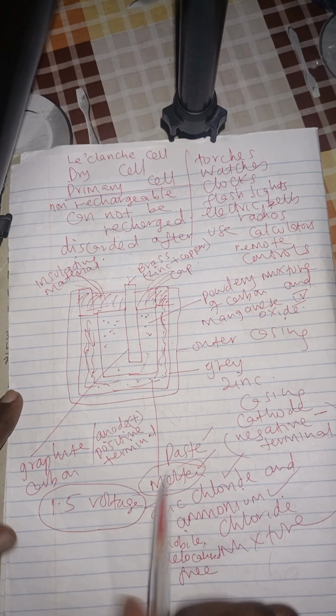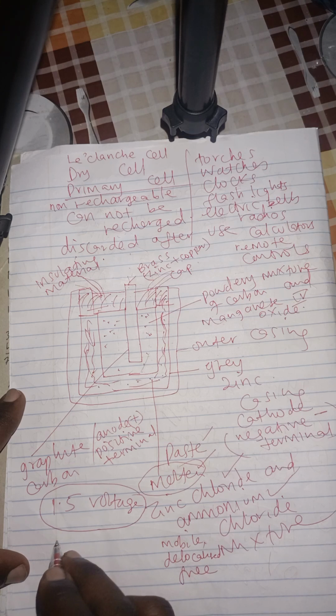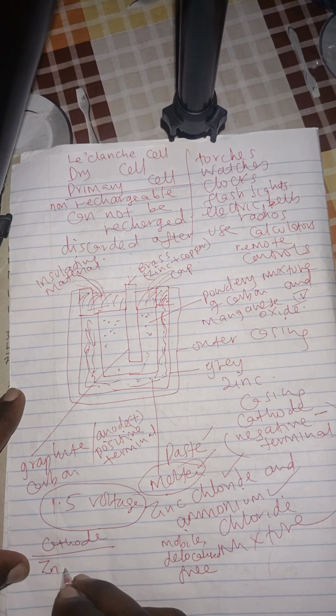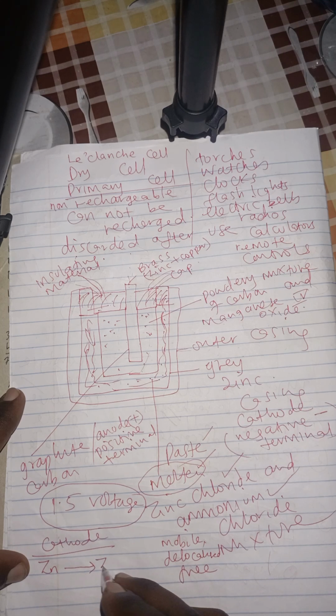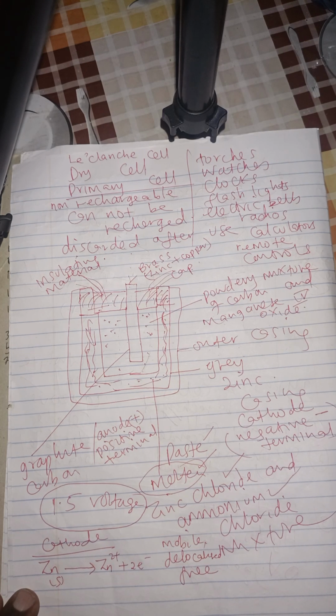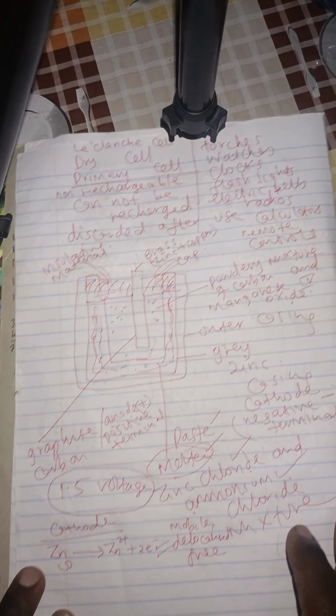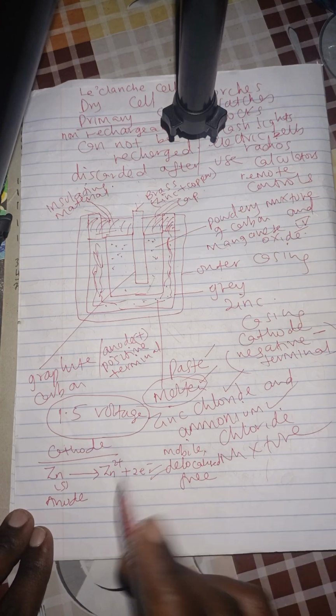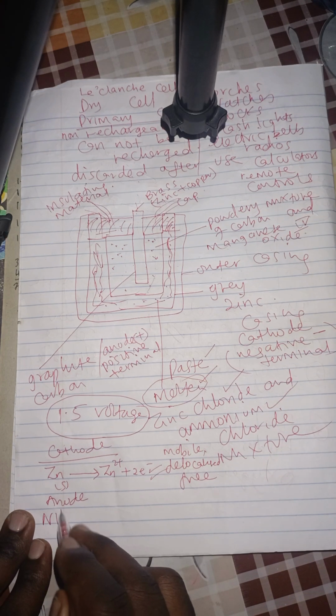We've said that we need to talk about the cathode in terms of which chemical reaction occurs there. At that point, zinc dissolves, and in the process, it gives out two electrons. So the zinc can that forms the cathode dissolves, giving us zinc ions, where electrons are given out. And at the anode, we expect the ammonium ions.